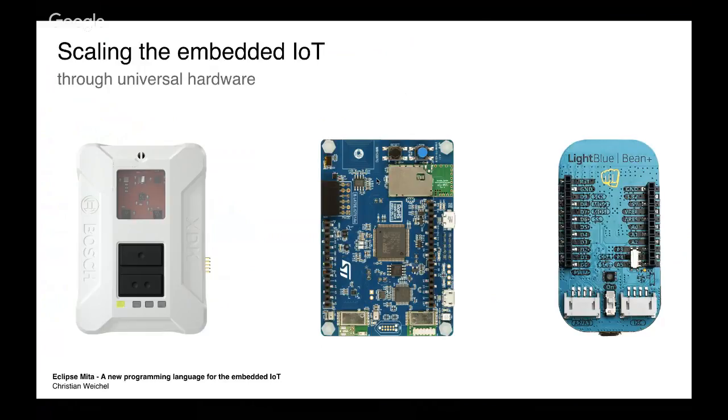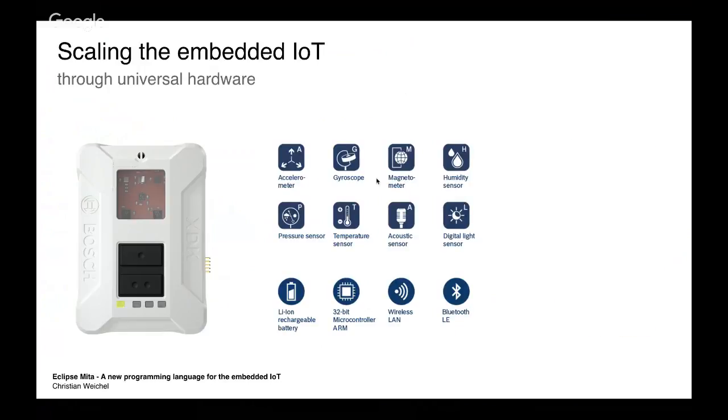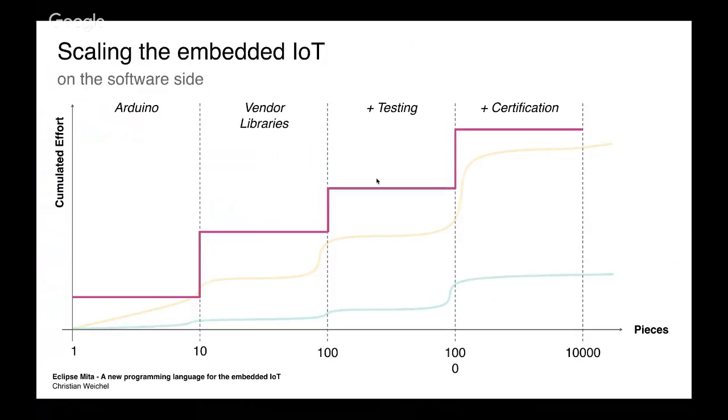And yet, in terms of hardware, we basically have everything in those devices that you might possibly need, right? So there are a lot of sensors in there, there's radio in there, and these feature sets and what those devices have in them differs across manufacturers. On the software side, though, we're seeing that we're not scaling just as well yet.